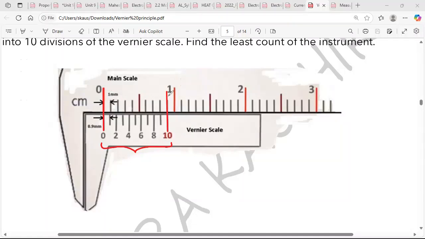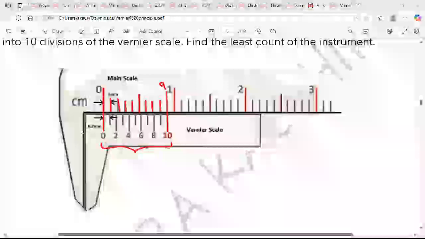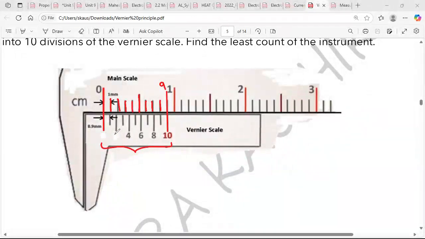So how many divisions of the main scale are there? 1, 2, 3, 4, 5, 6, 7, 8, 9. Right? 9.